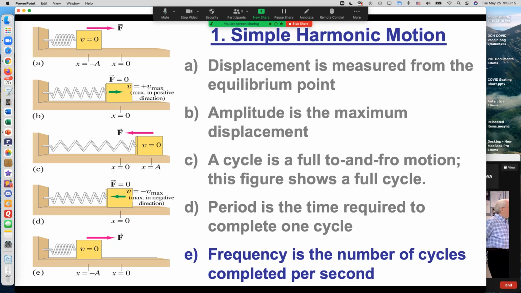Based on these words, who can tell me the mathematical relationship between period and frequency? Yes, Spencer. They're inversely proportional. Very good.